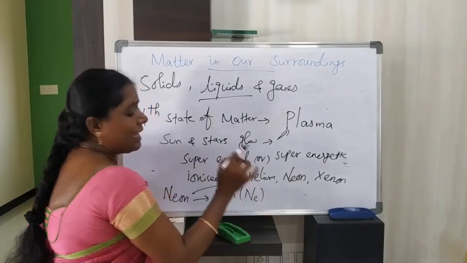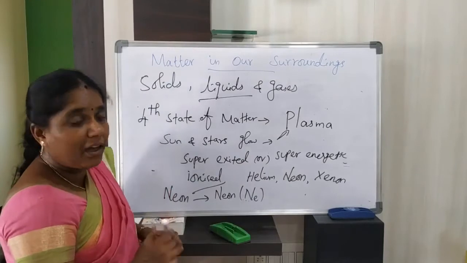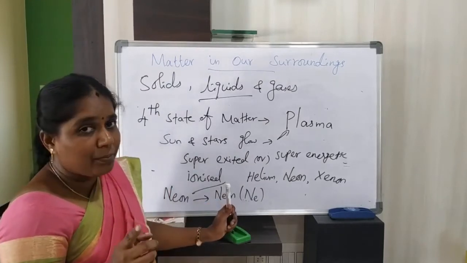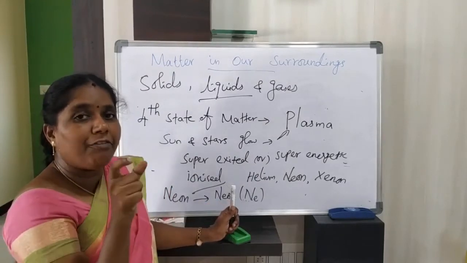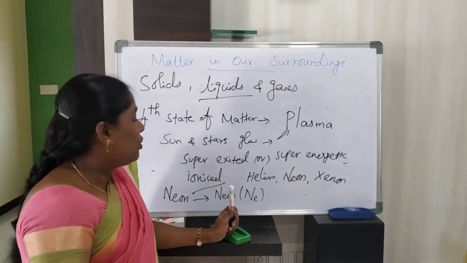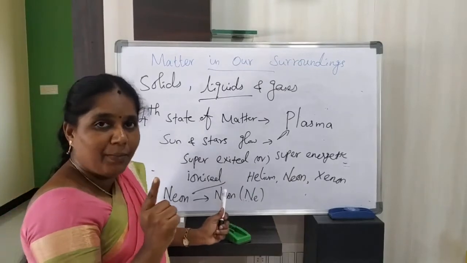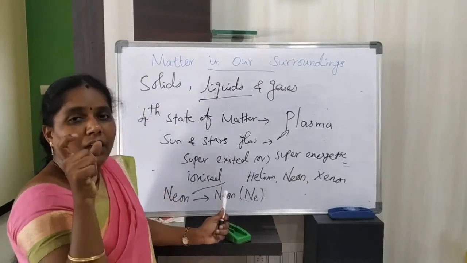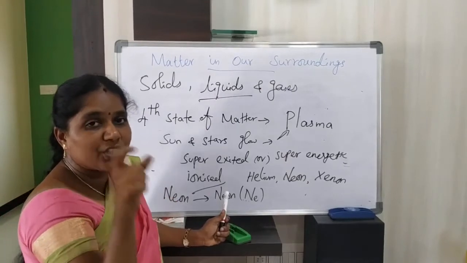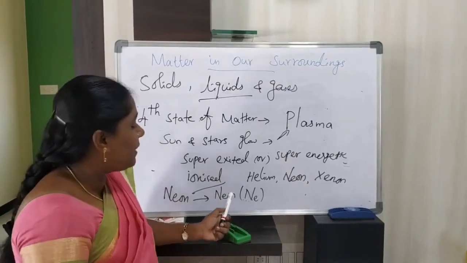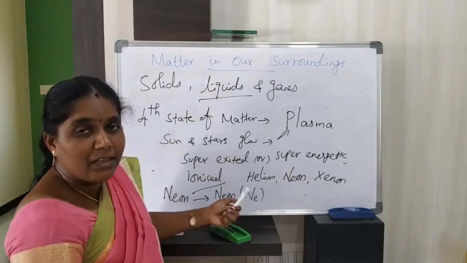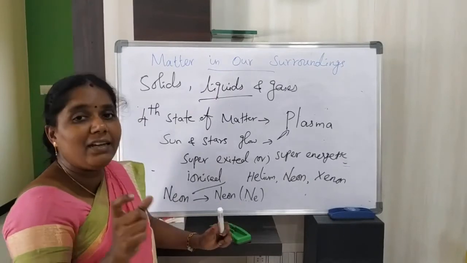It is Ne. What is a symbol? It is a short way of representing an element. This neon is an element. How will you represent neon in a short way, by using a symbol? That is N capital letter, e small letter. This is the symbol of neon gas.